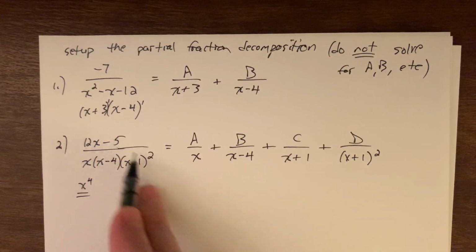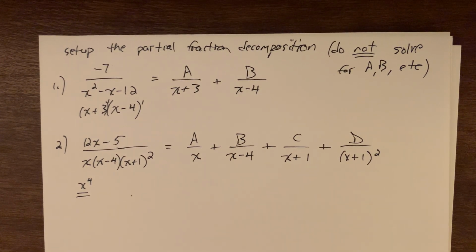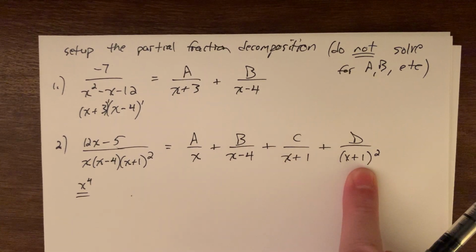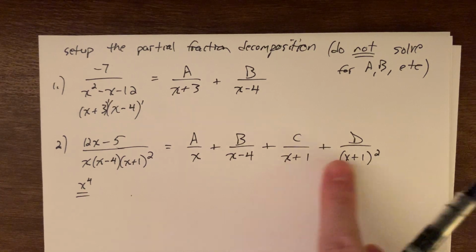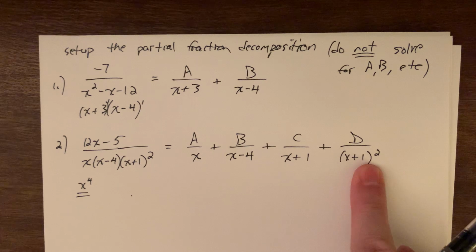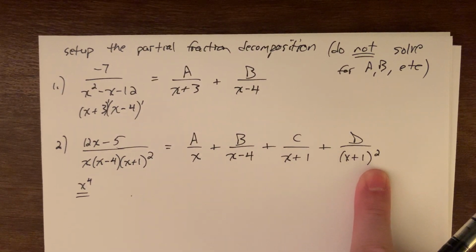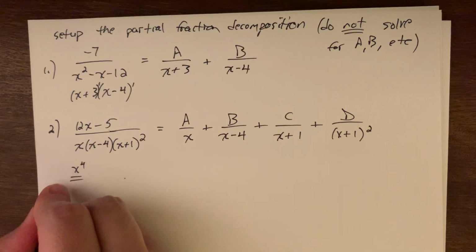Even if it was just over x squared, that would still be a proper fraction. But it's redundant. It's unnecessary. The fact that you have this and this one will take care of those more basic ones. If you had 2x plus 1 over this, that could be broken up into a smaller one and that higher one. So that may sound a little confusing, but hopefully number 3 will clear that up.